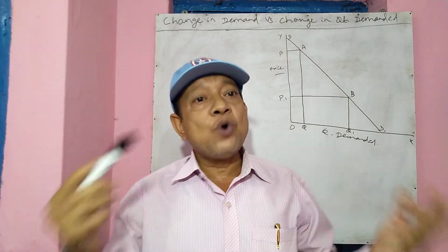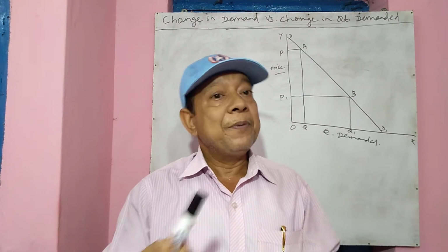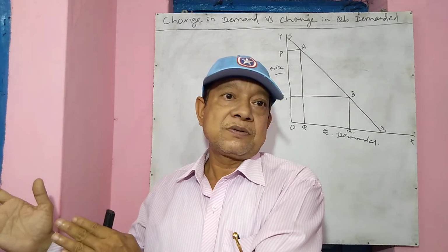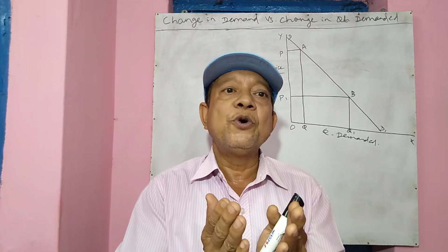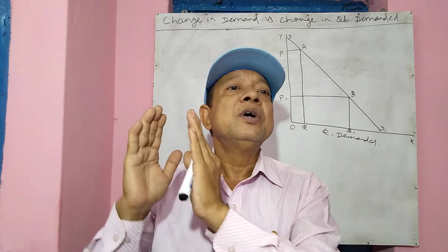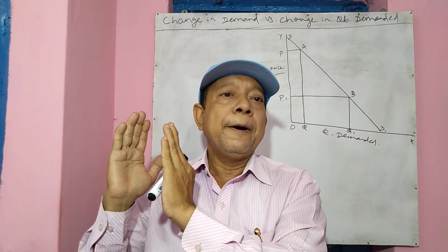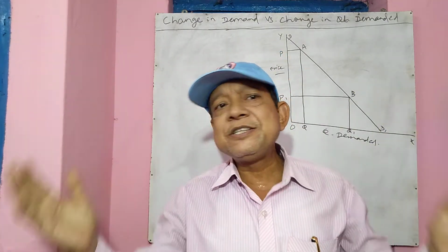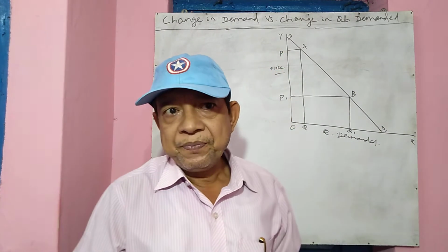Now it may also so happen, we have read in the demand function that demand is a function of a number of factors like price of the commodity, price of the related goods, tax pattern, taste, habit, fashion, technology. All these influence the demand.